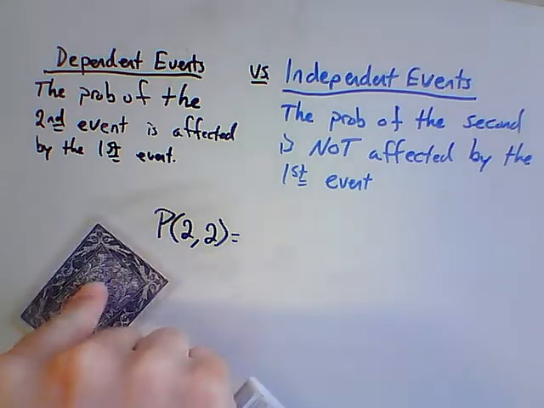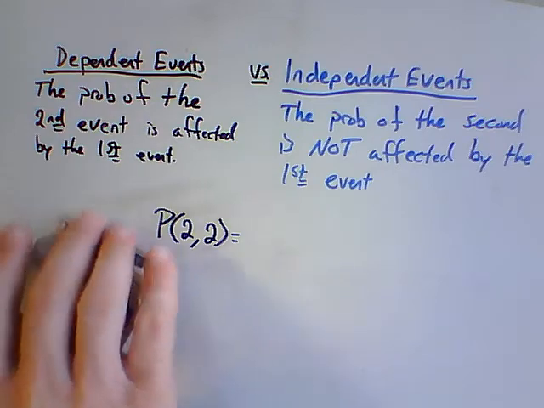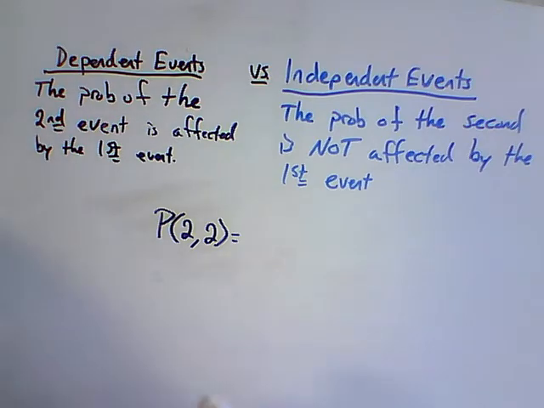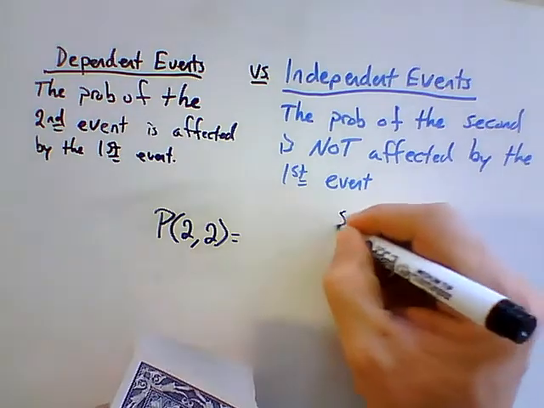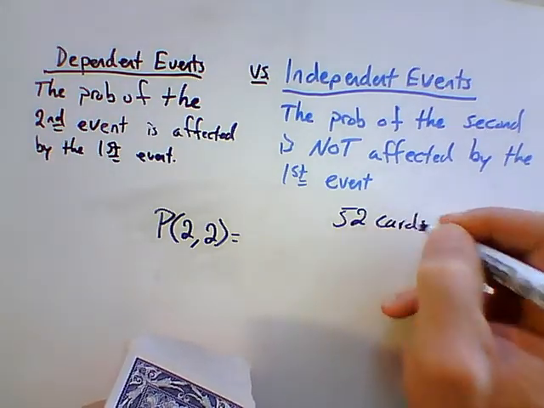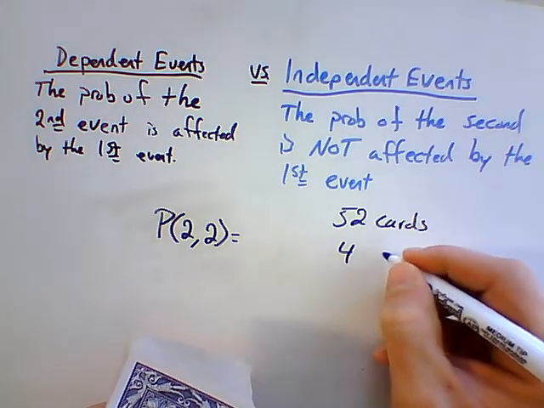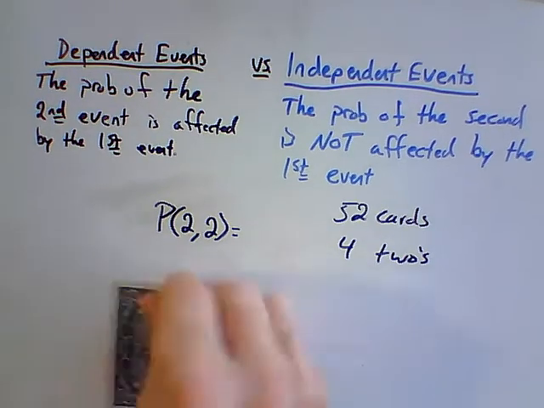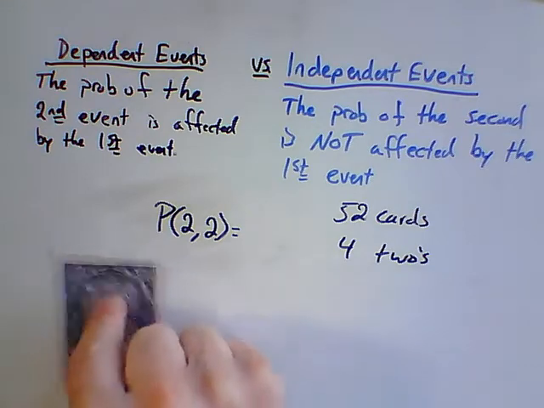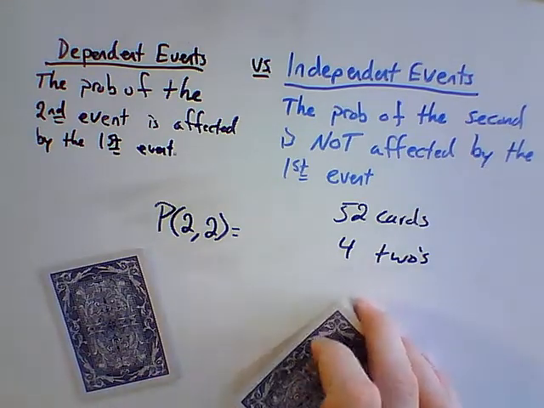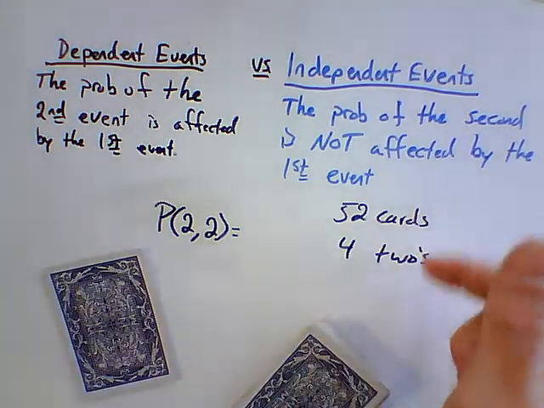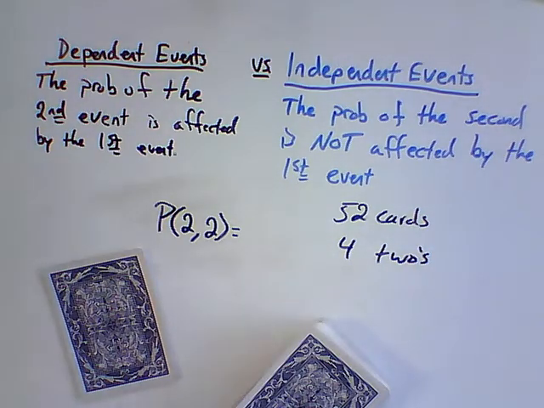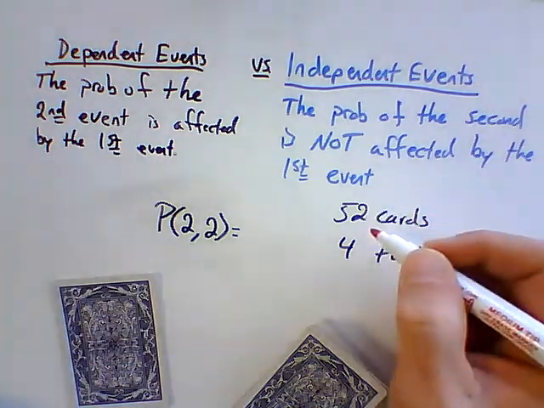It matters what's here, because when I first start, there's 52 cards, and there's 4 2s. But once I draw a card, when I go to do this, I've already changed the stuff, because now that card's over there, I don't have 52 cards.